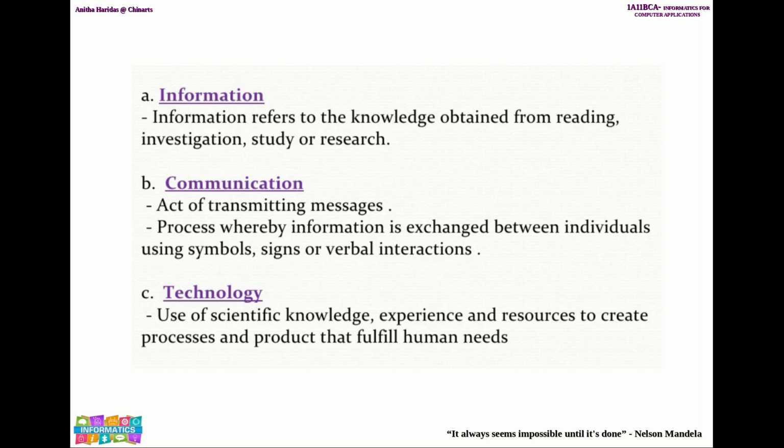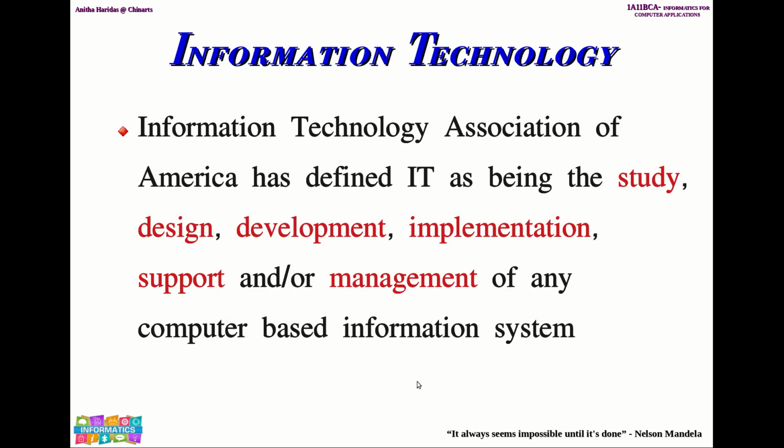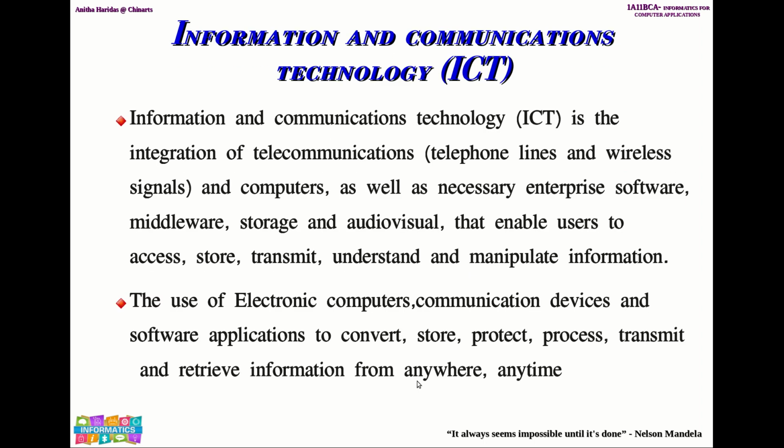That can be called communication. Technology is nothing but use of scientific knowledge, experience, and resources to create processes and products that fulfill human needs. So combining all these three together, you get information and communication technology.